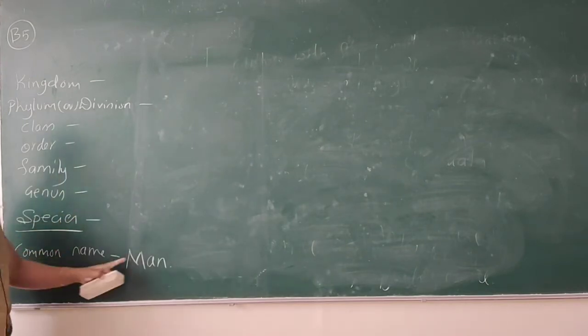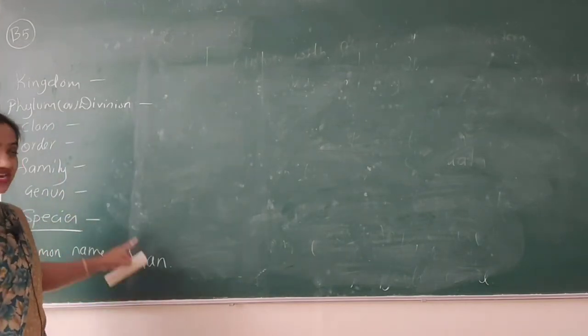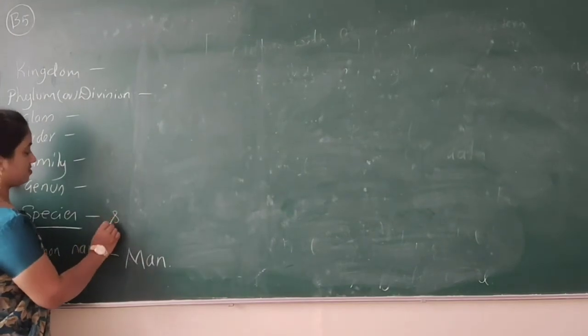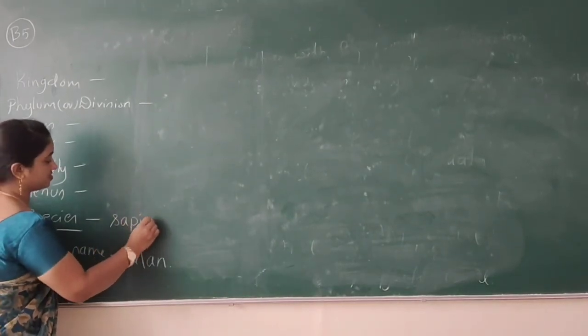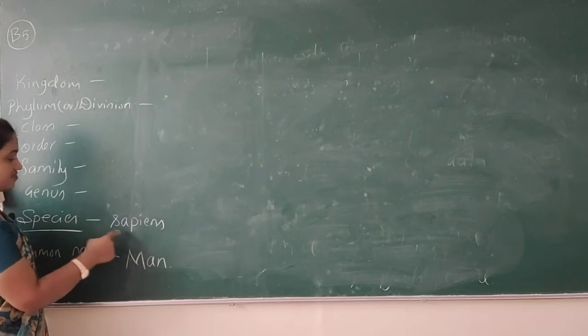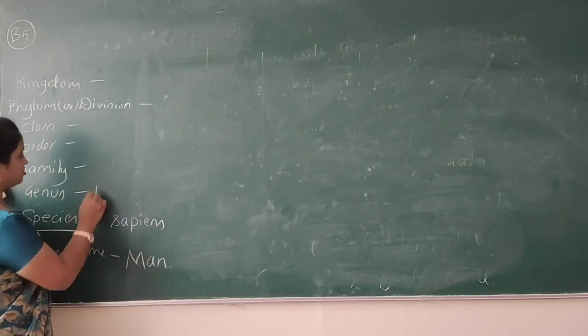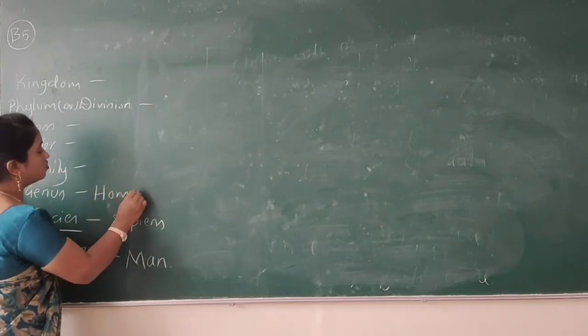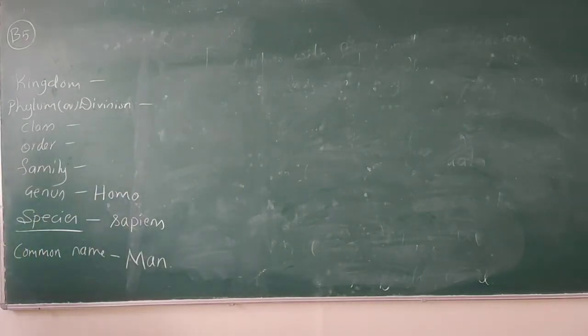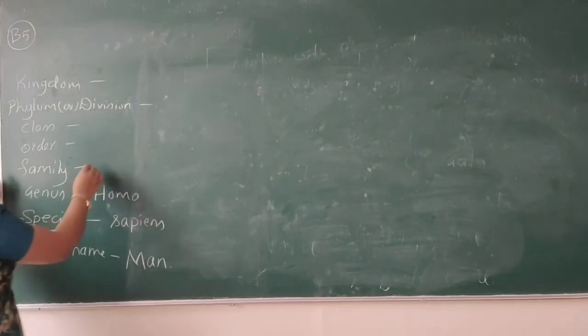The scientific name of man is Homo sapiens. The species name is sapiens. Genus is Homo. And it comes under the family Hominidae.